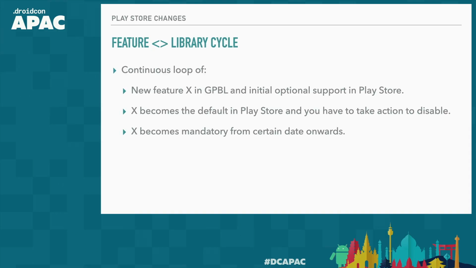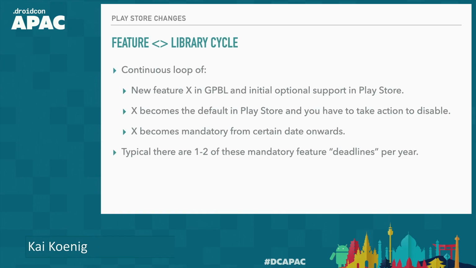And then the whole cycle repeats itself again with some new feature Y coming into play. And there are typically one or two of these mandatory feature deadlines per year by which you have to get your stuff sorted, or your app is stopping to work, or doesn't support payments anymore, or other bad things can happen.